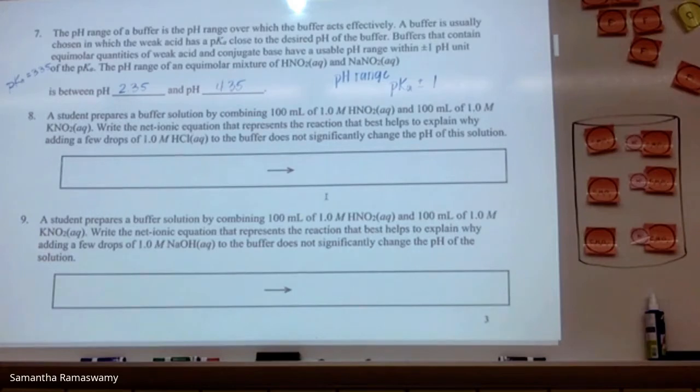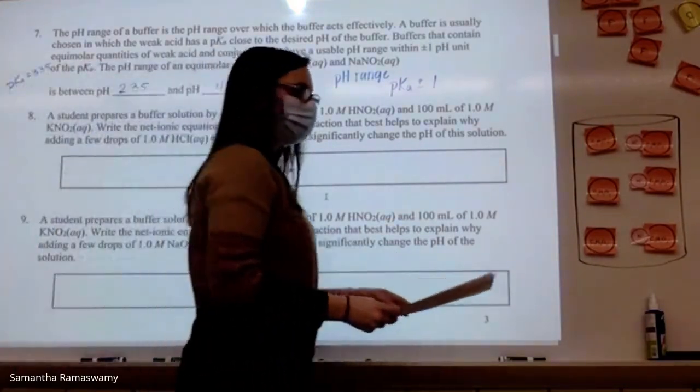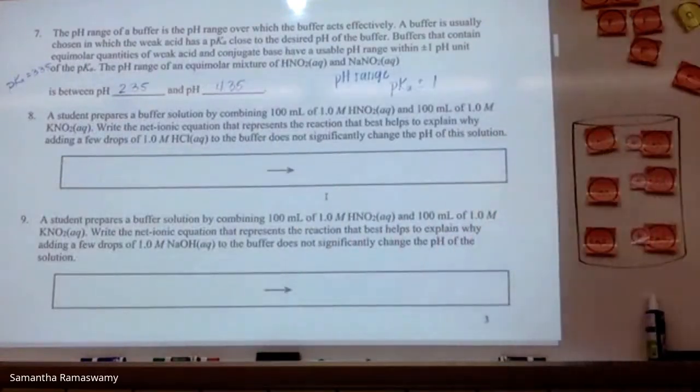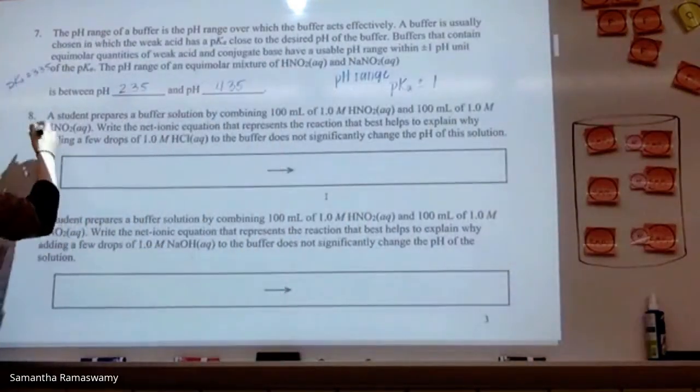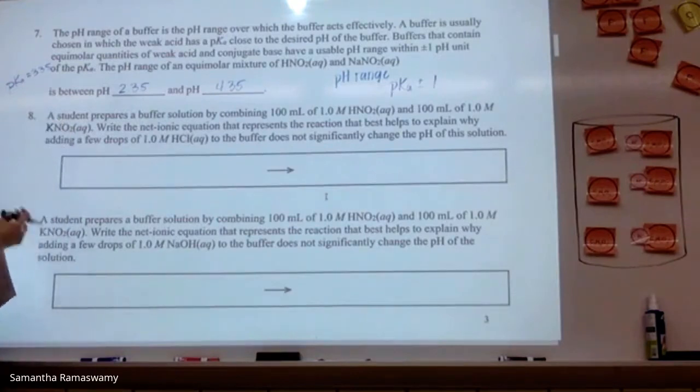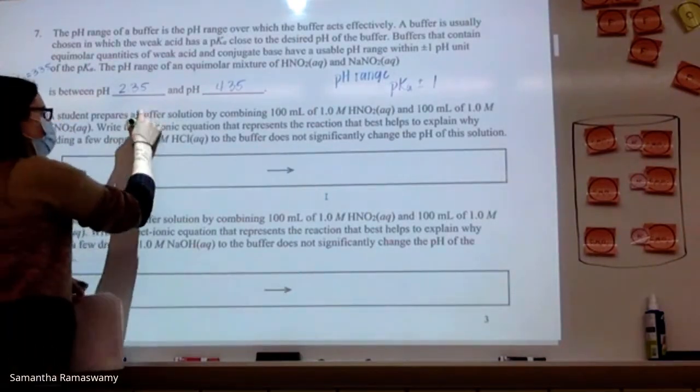And then 8 and 9 are looking at net ionic equations. So we're going to look at net ionic equations just a little bit more, and then really we just have particle diagrams after this. So a student prepares the buffer solution by combining HNO2 and KNO2. So again, just like sodium, potassium is also a spectator ion. So they tell us this is a buffer solution.